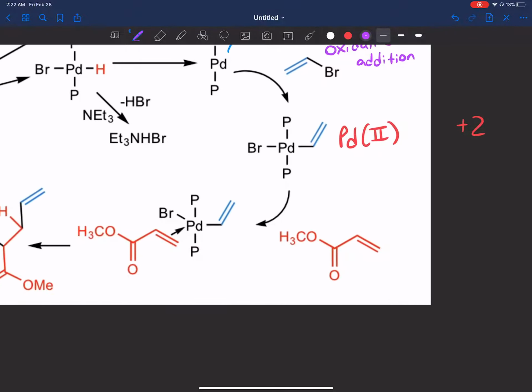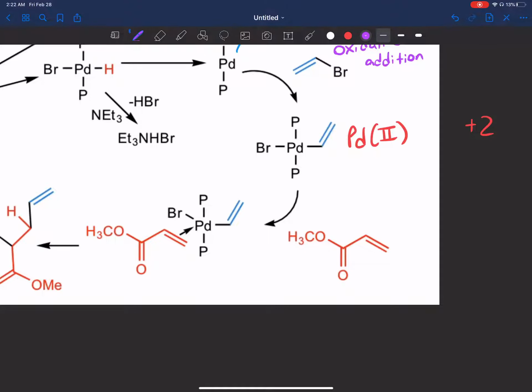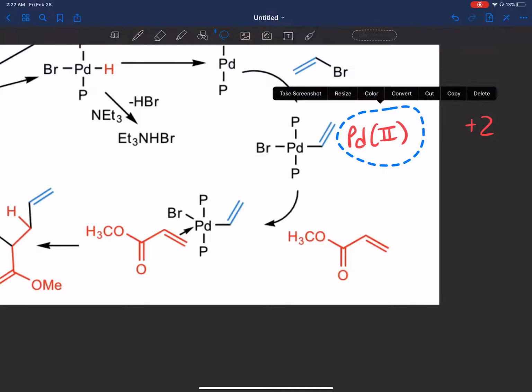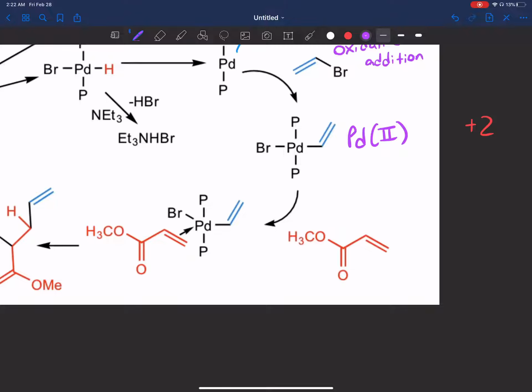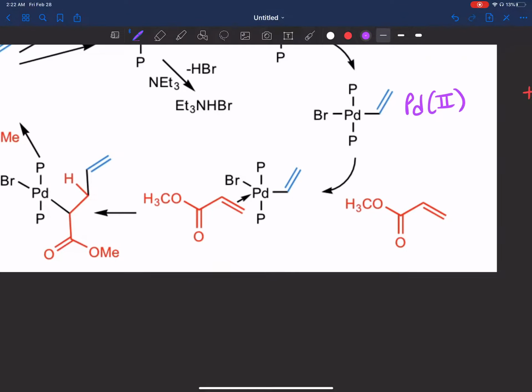Now let's look at what's going on here. We have this palladium(II), right? Now let me change the color of this so it's easier to see because there's a lot of red going on here. All right. So now what's happening is we're adding this new group. But let's look at the way we're adding it. We're adding it so that the double bond itself is bound at the center of that double bond, right?